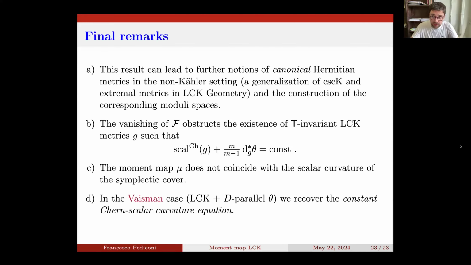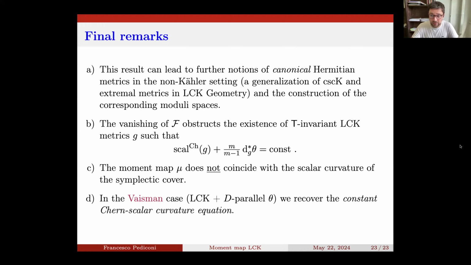That would be precisely the reason behind this work, to find a moment map. So the answer is that this is precisely the aim. Hopefully we are going to get some of these characterizations, but we are still a bit far from that.